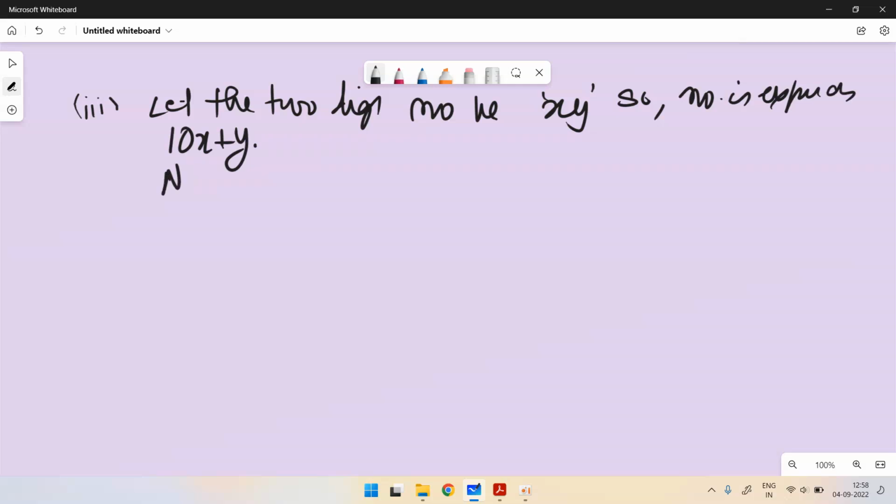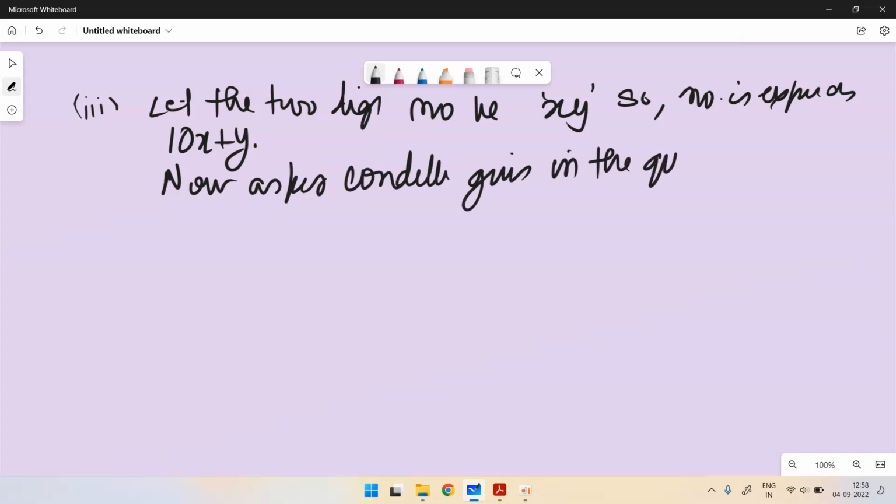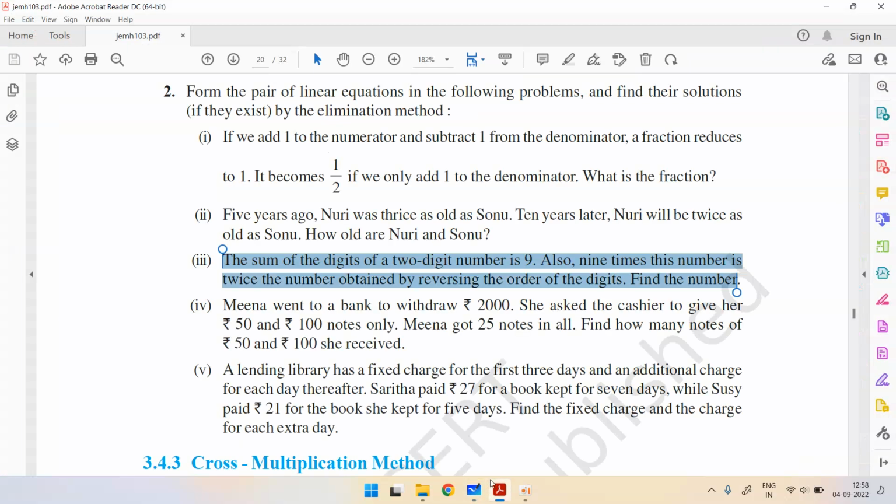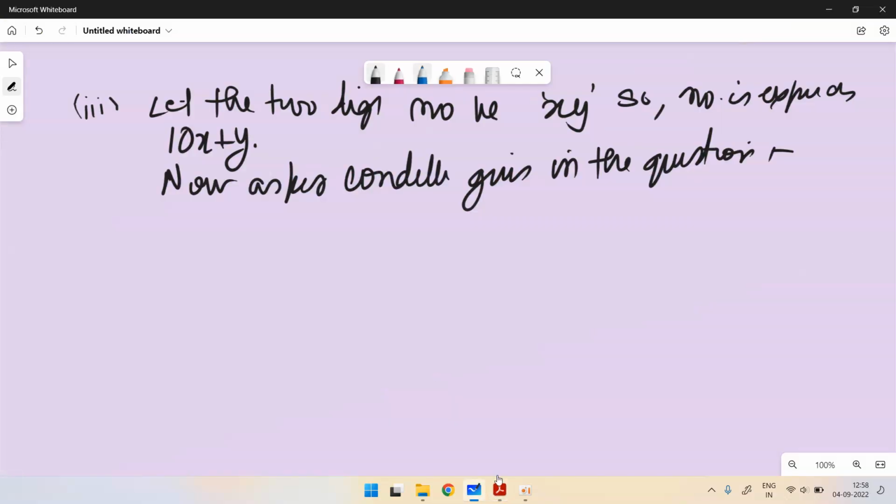Now as per the conditions given in the question, what are the conditions? The sum of digits of a two-digit number is 9. So the sum of digits will be x plus y equal to 9. That is the first condition.